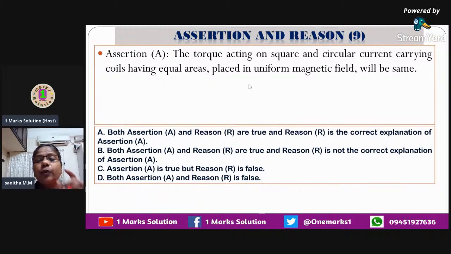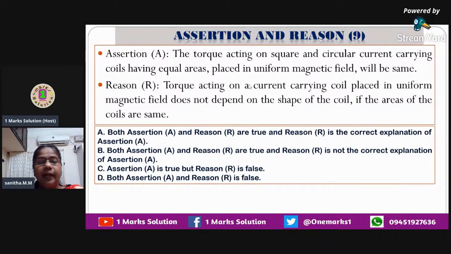The torque acting on a square and a circular current carrying coil having equal areas placed in a uniform magnetic field will be the same. What is the expression for the torque? Torque we can say NIAB sine theta. Here I is constant, area is constant, so torque also will be constant. That is why they are specifically saying equal areas. Then what is the reason behind it?